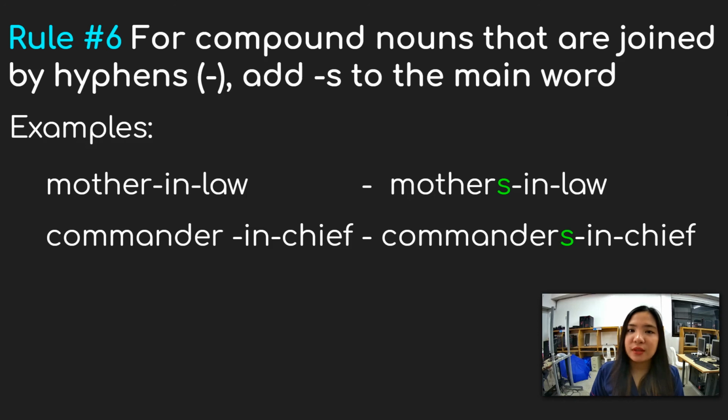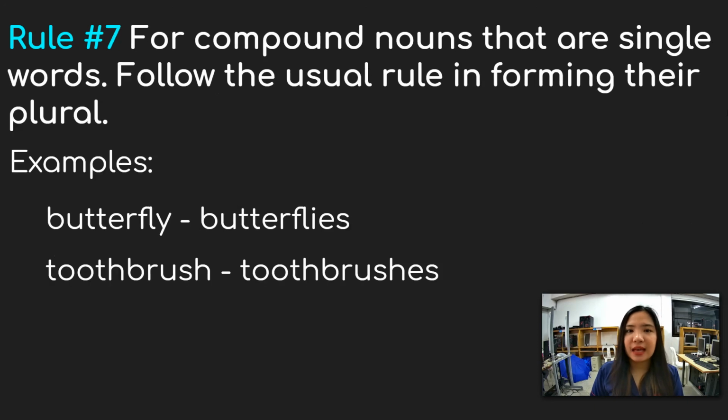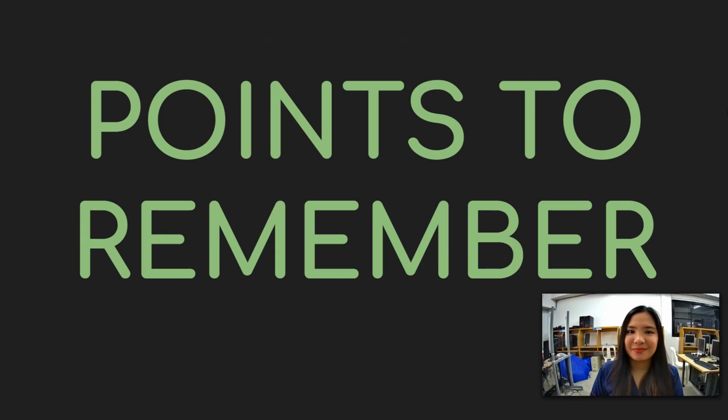Again, for compound nouns that are joined by hyphens, just add S to the first or to the main word. And for our last rule, for compound nouns that are single words, follow the usual rule in forming their plural form. For example, butterfly to butterflies and toothbrush to toothbrushes.